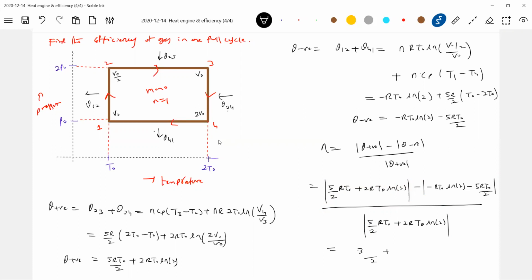Oh, I think this will cancel, no? These two will cancel out. So this will be RT naught log 2 by 5 by 2 RT naught, log 2, 5 by 2, 2 log 2.